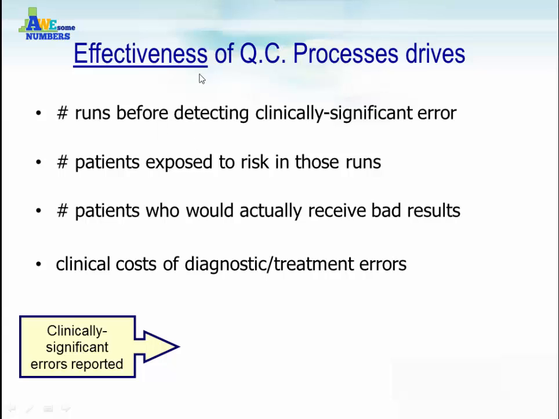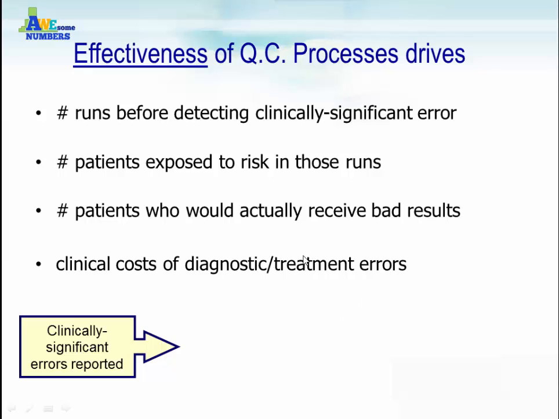So the effectiveness of the QC process drives the number of runs before detecting a clinically significant shift. That drives the number of patients exposed to risk in those runs, which determines the number of patients who actually receive medically invalid results, and that determines the clinical cost of diagnostic treatment and errors.